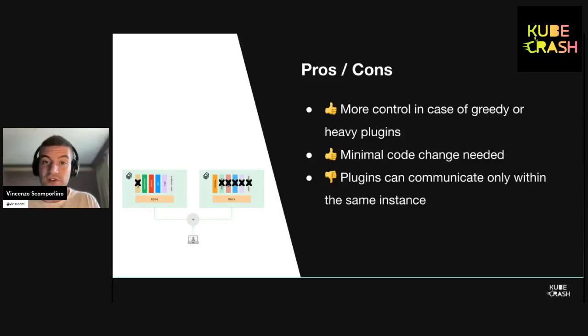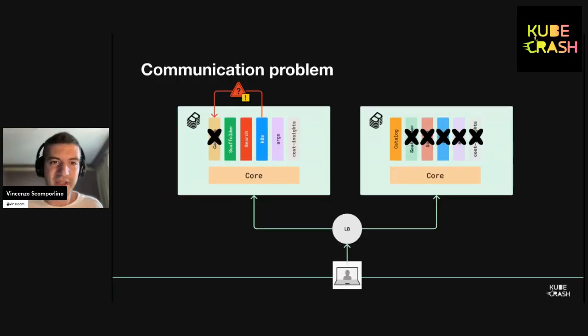So, pros and cons of this approach. Now you have more control in case you have a greedy plugin. This is very straightforward to achieve because the needed code changes are minimal, but still plugins can only communicate with other plugins within the same instance. But now the problem is actually bigger.